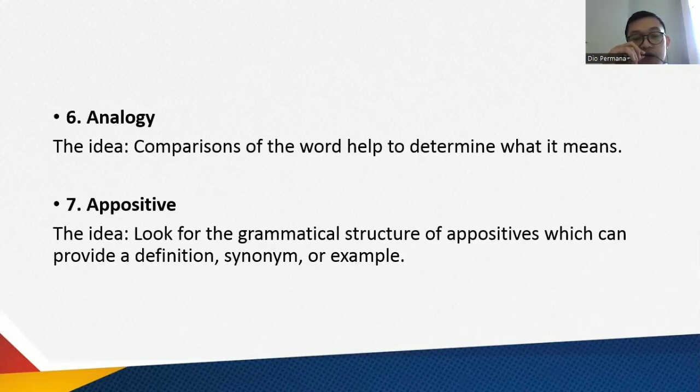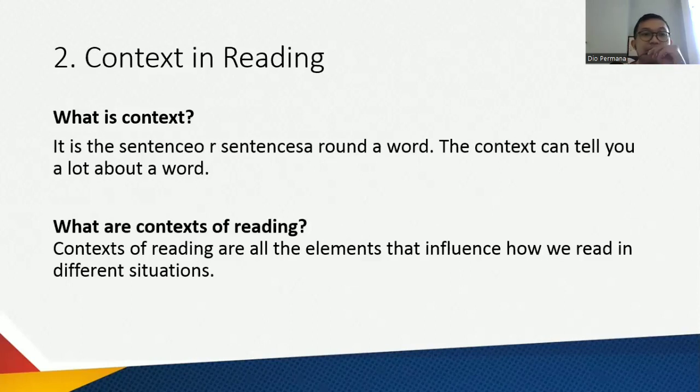So these 7 strategies in understanding the context of the word is useful when you do not have any clue that can help you to understand the text. By doing these 7 strategies, it helps you to understand the context of the word. So I hope that you can maintain each of these strategies in order to support you in understanding the context.